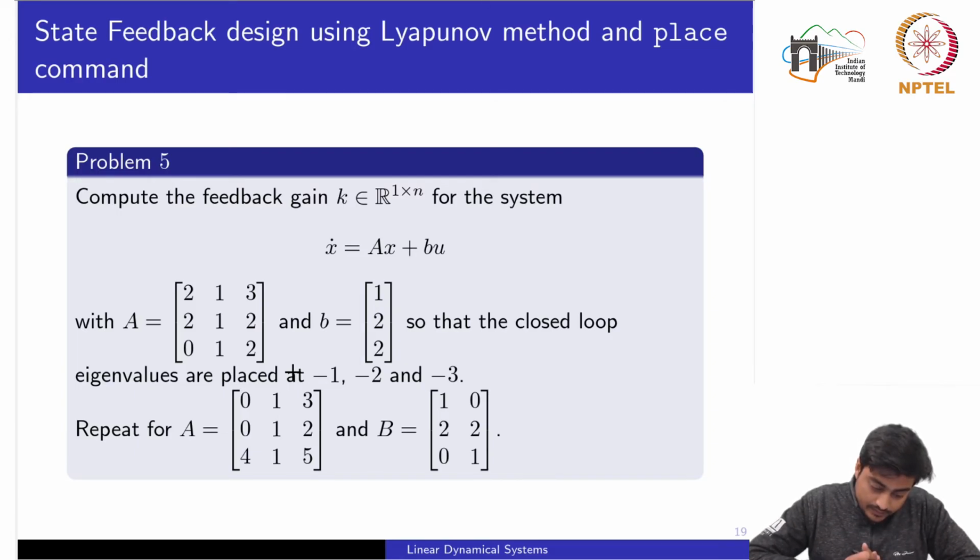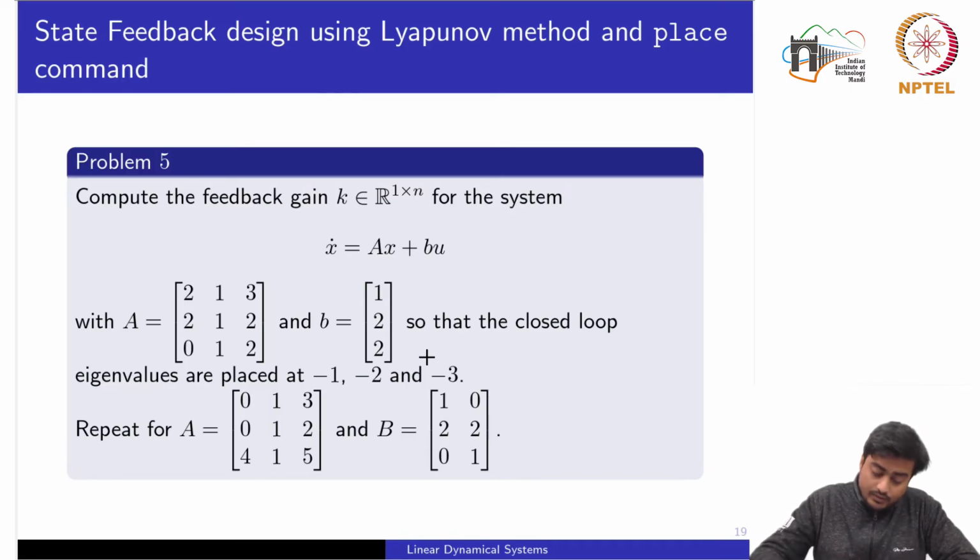So in problem 5, we will see the design of the state feedback gain by using two methods. One is the Lyapunov method and another is the eigenvalue method. The objective here is that for these matrices A and B, we want to place the eigenvalues of the closed loop at -1, -2, -3.